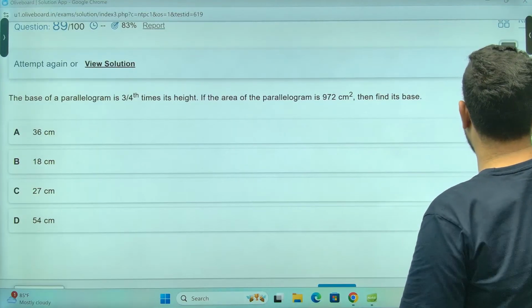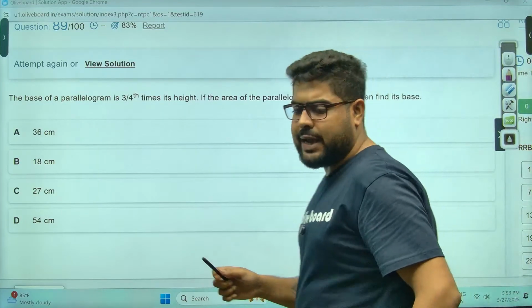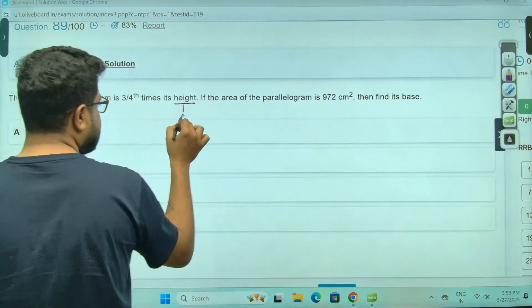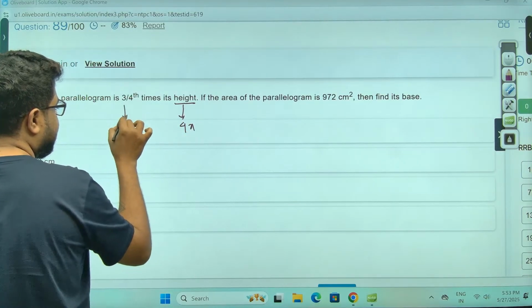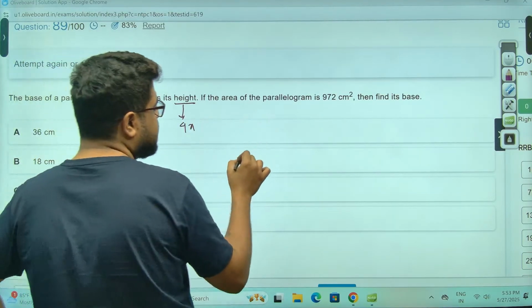The base is 3/4 of its height. Perfect. Height is 4x. Base is 3/4, meaning 3x. Area is base into height.